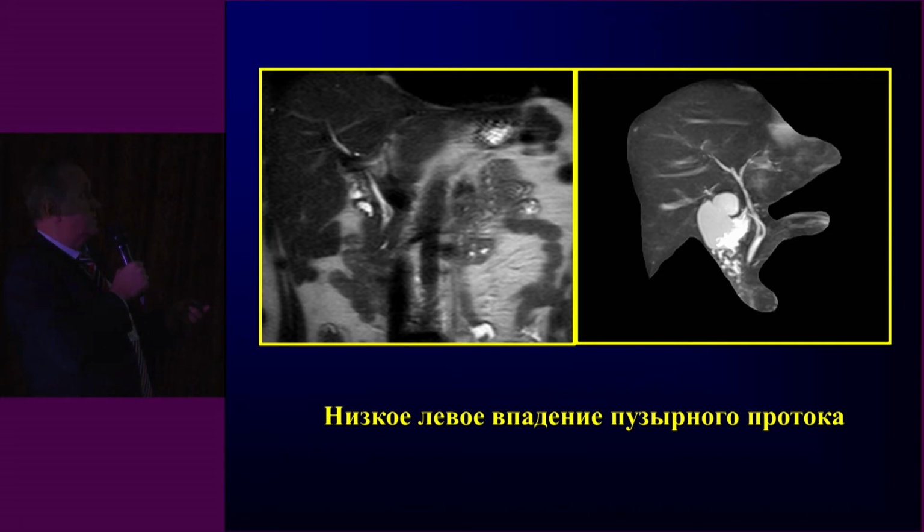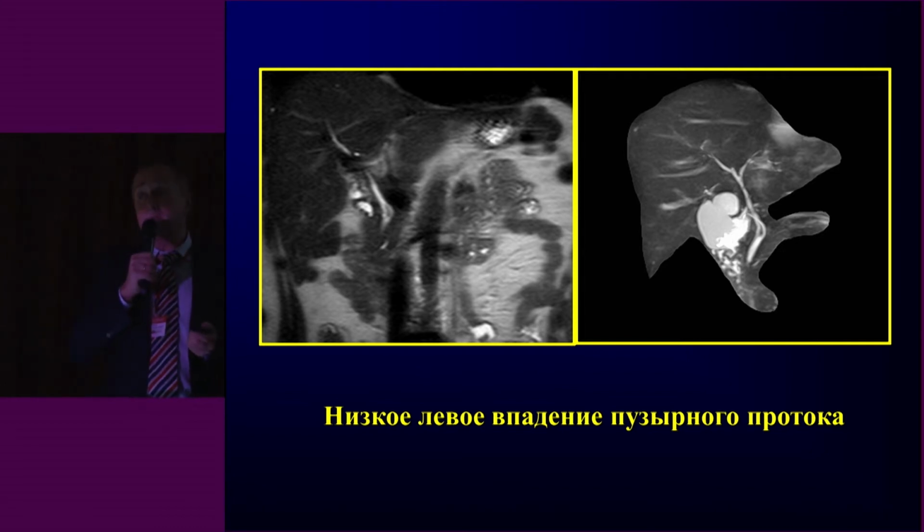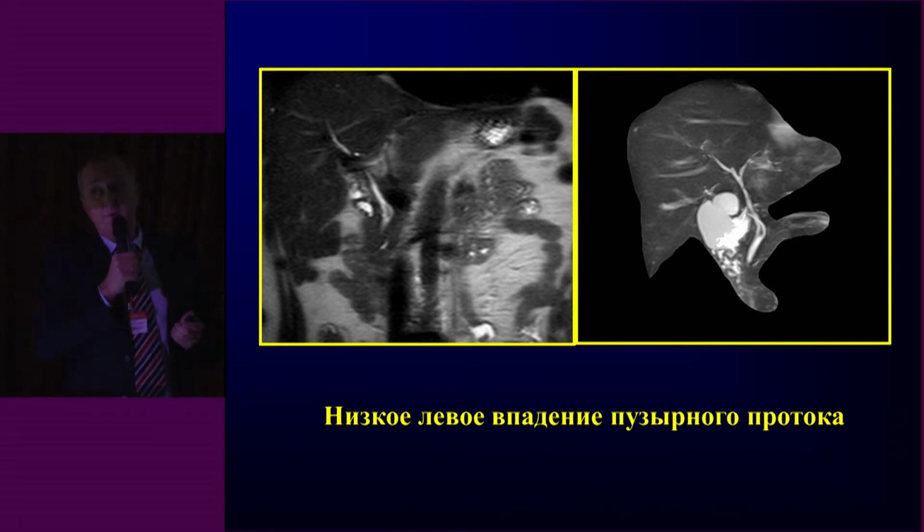In this image, you can see there is some expansion and some filling defect in the CBD. But if you do the study methodically properly, here we can see the biliary tract variant with a long gallbladder duct, which is in confluence with the CBD intrahepatically at the left.